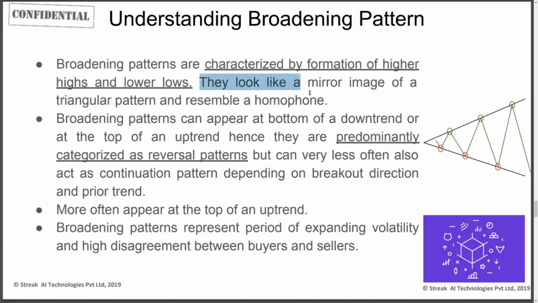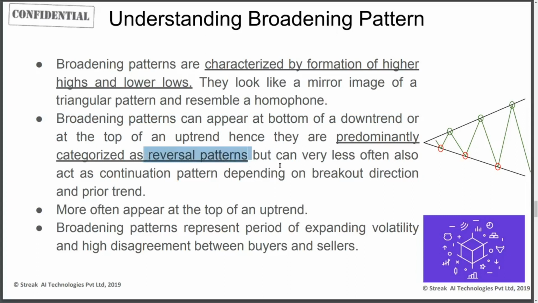Okay, they look like a mirror image of a triangular pattern. Broadening patterns can appear at the bottom of a downtrend or at the top of an uptrend, and they are predominantly categorized as reversal patterns.